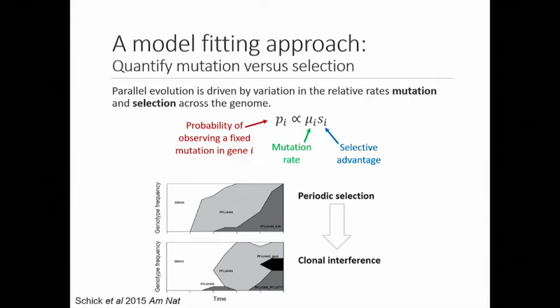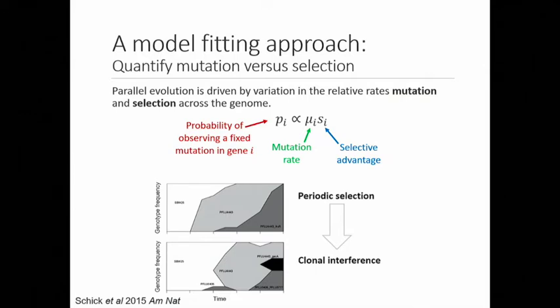In this case, one mutation arose back here, a second mutation arose a little bit later, but presumably this one has a higher fitness advantage than the first mutation that started to sweep. And that first mutation then gets outcompeted by the second mutation.